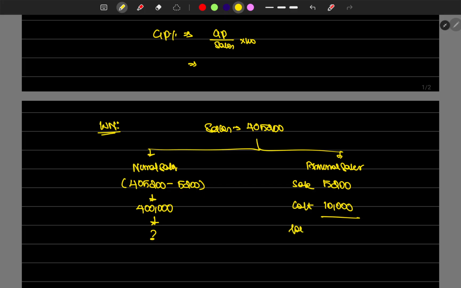What's the loss here? Loss is 4,800, we know. And then, if we have a loss of 4,800, we have a net profit which is 69,200, right? So what could be the profit for us? 74,000, right?